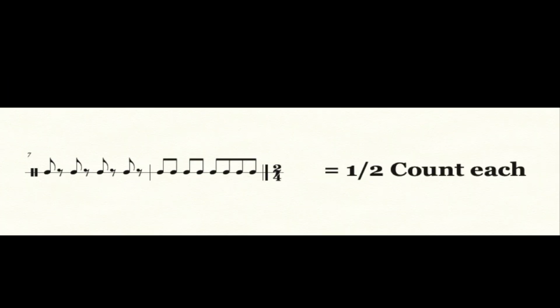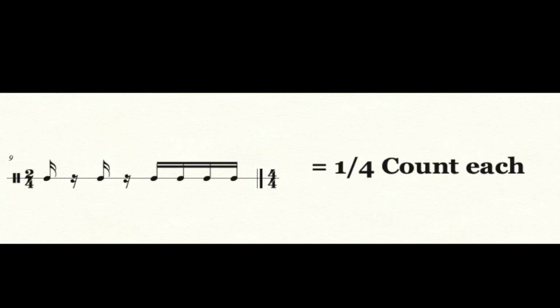Eighth notes: ta rest, ta rest, ta rest, ta rest, ta ta ta ta ta ta ta ta. And finally, 16th notes: ta rest, ta rest, ta ta ta ta. Again, ta rest, ta rest, ta ta ta ta. Okay, so that is an audio version of the note tree that you saw in lesson 2.